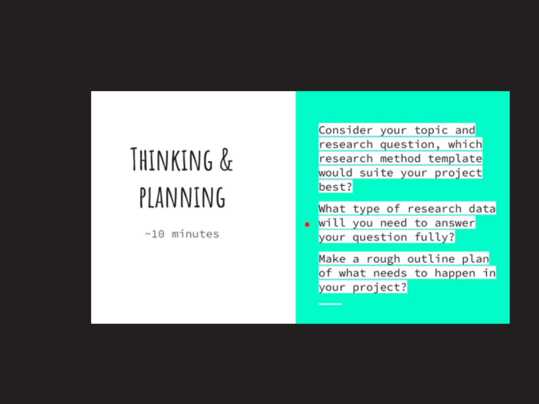What type of research data will you need to answer your question fully? Quantitative or qualitative? Primary or secondary? And then make a rough outline plan of what needs to happen in your project. So use the research method as an outline, and then if you know that you need certain types of research, fill that in at particular parts.